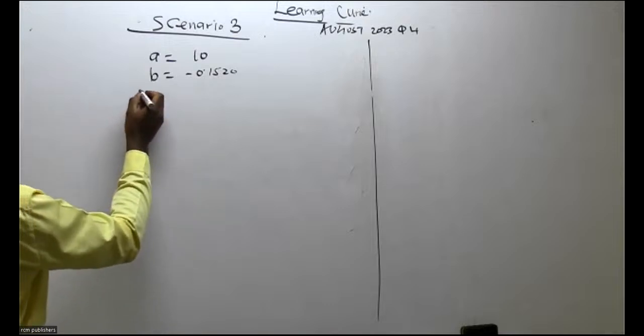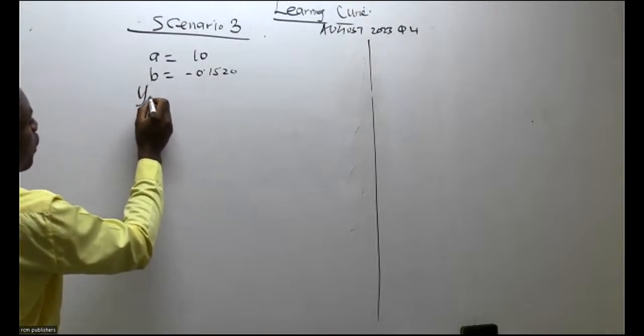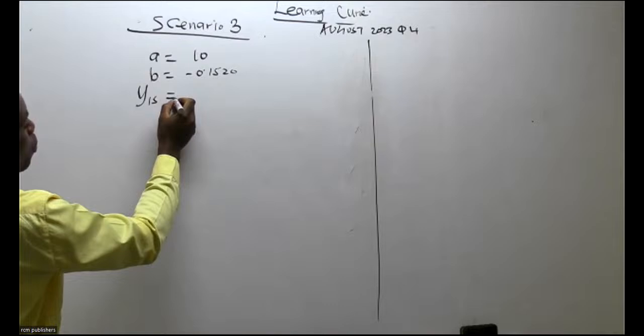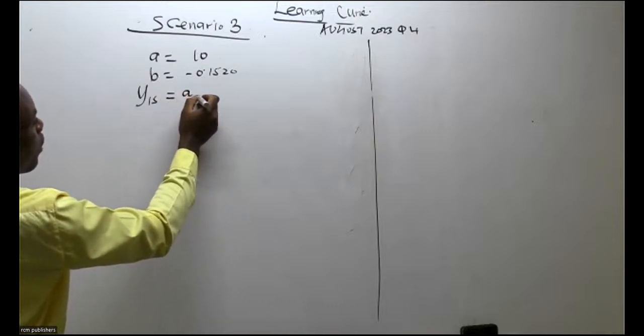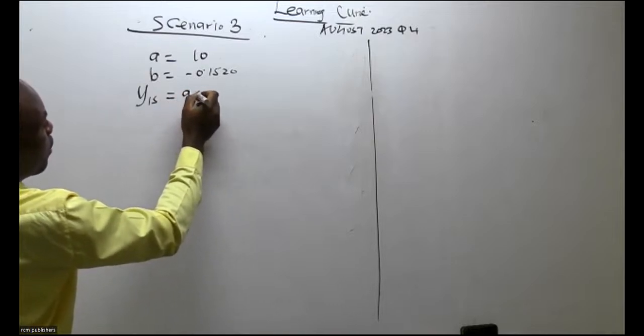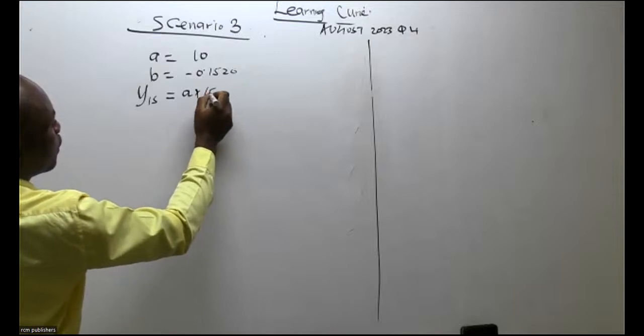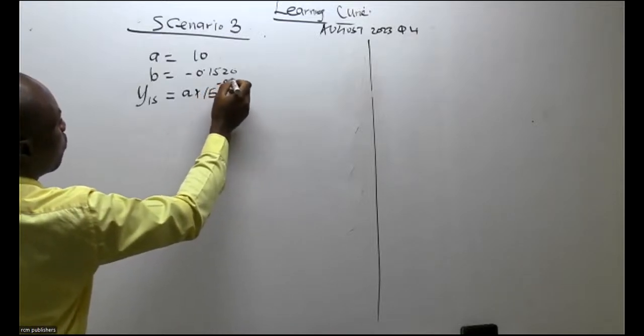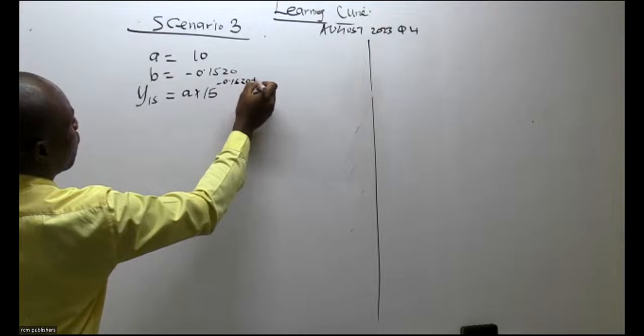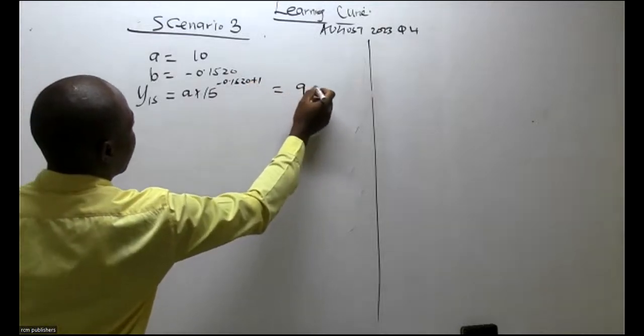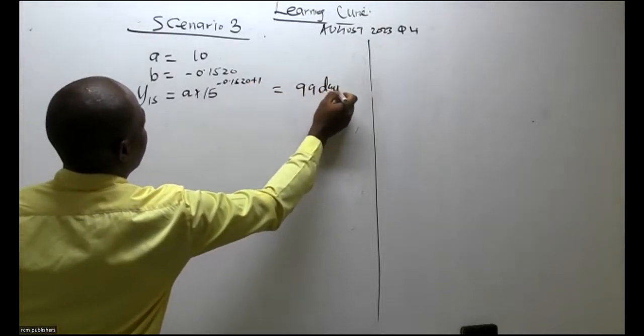Then Y at 15 is equal to A times X, which is 15, raised power negative 0.1520 plus 1. This one was giving us 99 days. I believe you can remember.